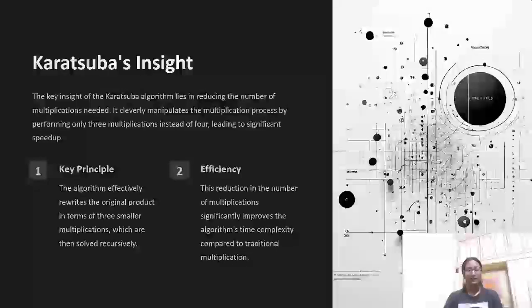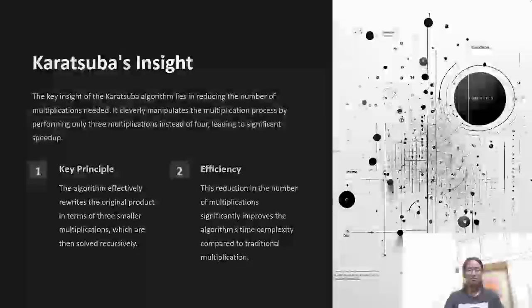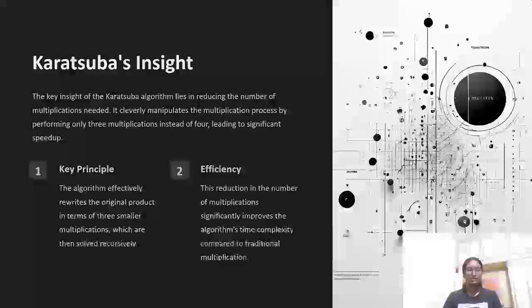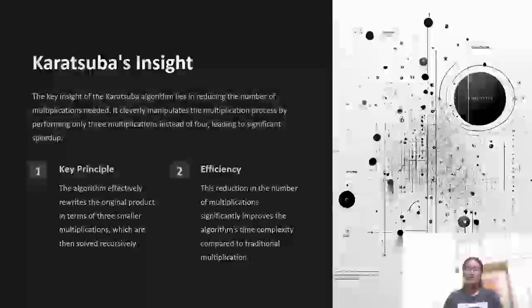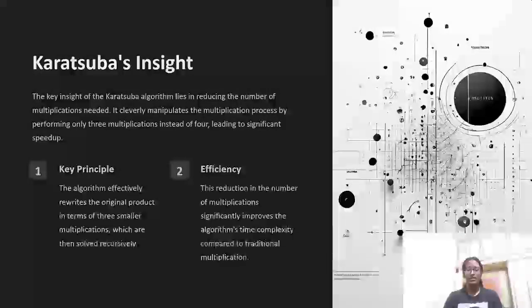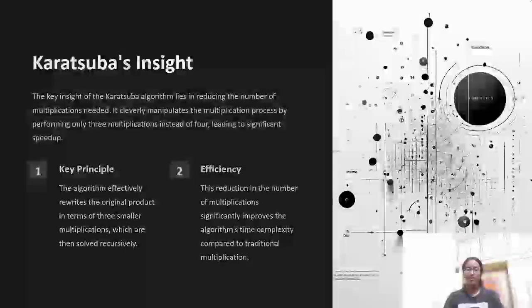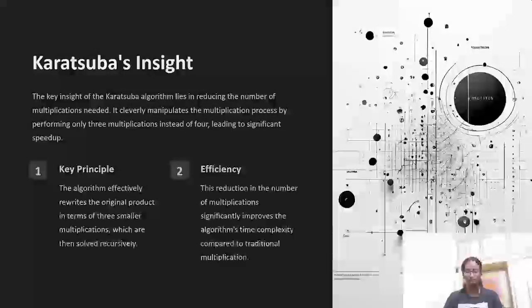The algorithm effectively rewrites the original product in terms of 3 smaller multiplications, which are then solved recursively. Efficiency. This reduction in the number of multiplications significantly improves the algorithm's time complexity compared to traditional multiplication.